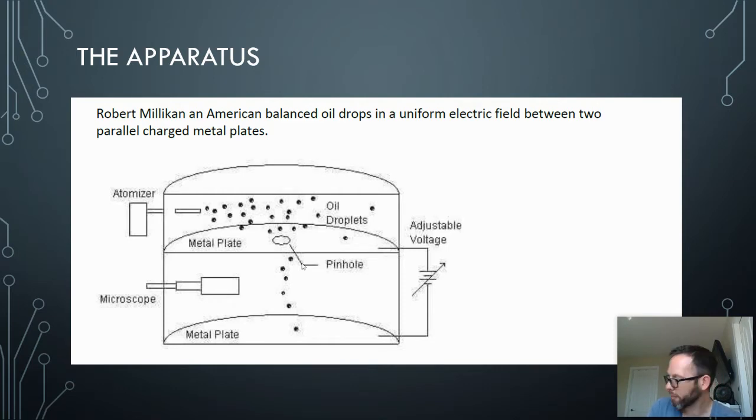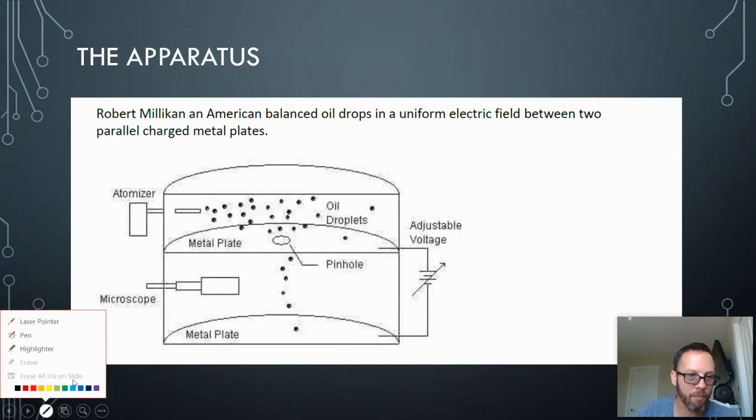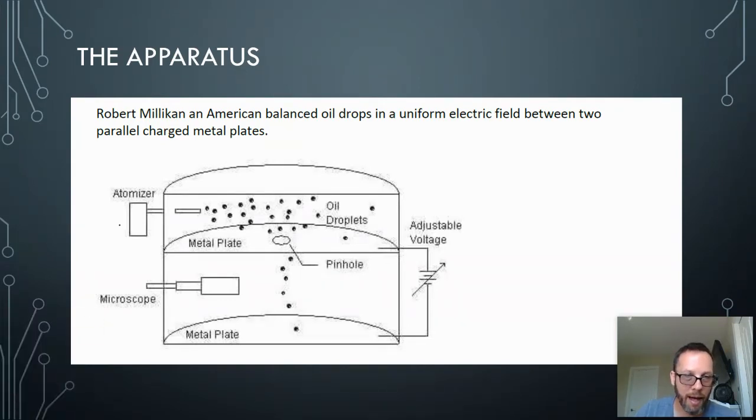And if you could determine the mass of the droplet, you could figure out what the charge was on the particle. I'm going to add a couple of notes to this diagram. For the atomizer, the note I want to add is that friction gives charge to the droplets.